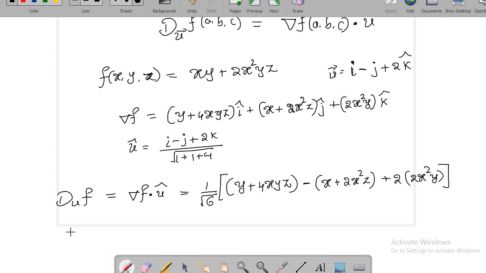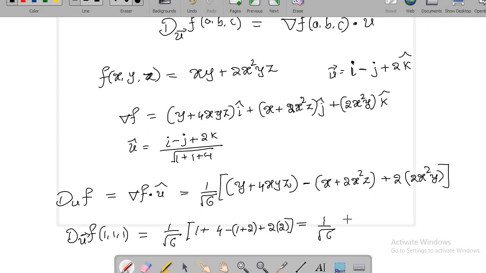If you want this derivative at some particular point, let's say I want the derivative at 1, 1, 1, then what do you do? You simply substitute 1, 1, 1 in place of x, y, z. So this will be 1 by root 6 into 1 plus 4 minus 1 plus 2 plus 2 times of 2.